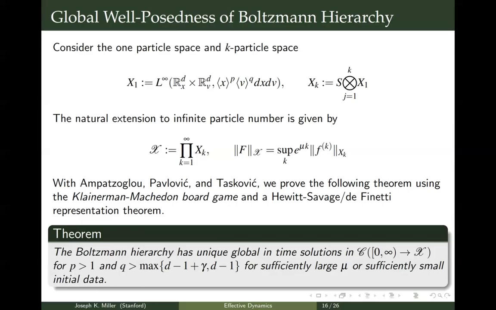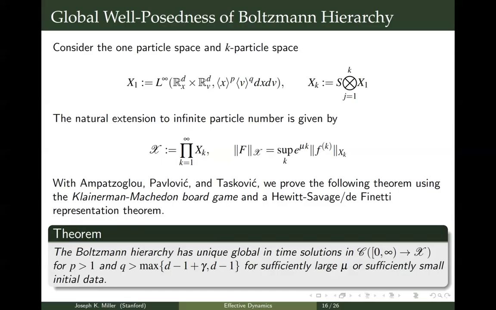So in particular, what we ended up working with was polynomially weighted L infinity, and I define the one particle space like that. For the k particle space, this just stands for the symmetric tensor product. I just take copies of X1 that are symmetric with respect to permuting variables.